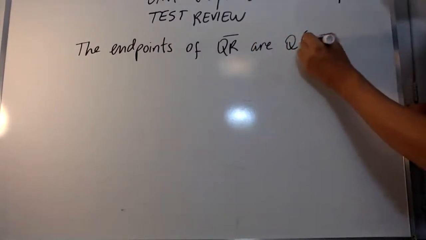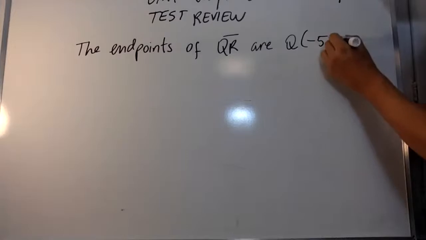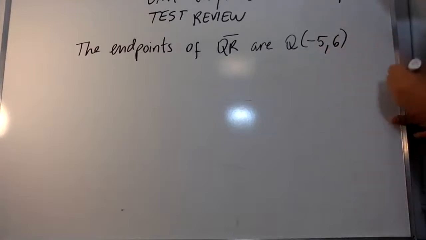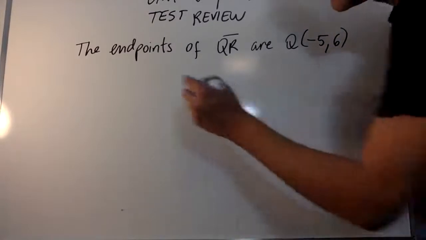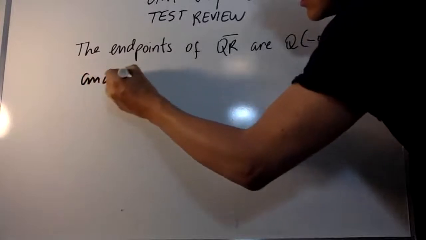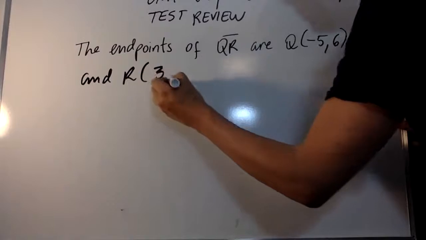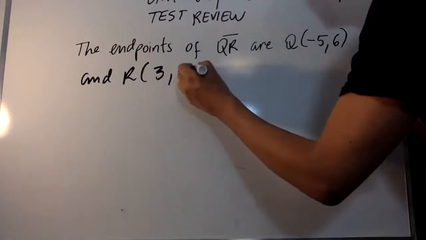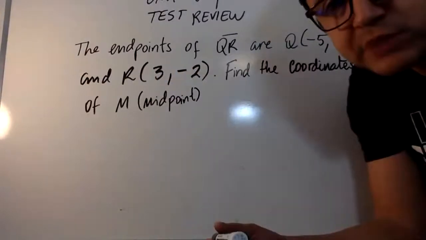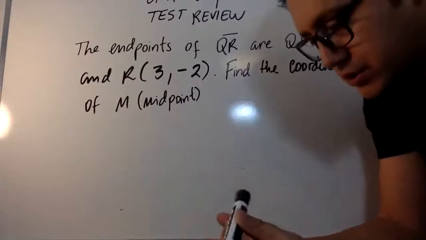Q is located at -5, 6. And R is located at 3, -2.